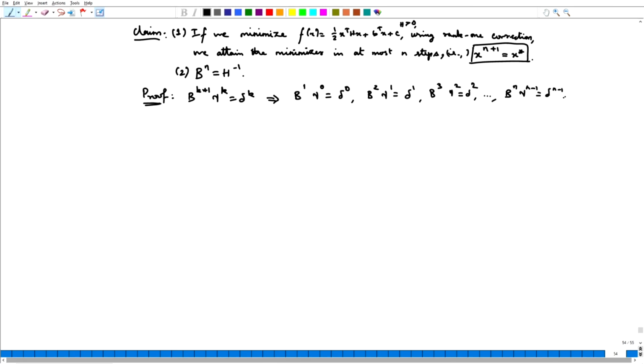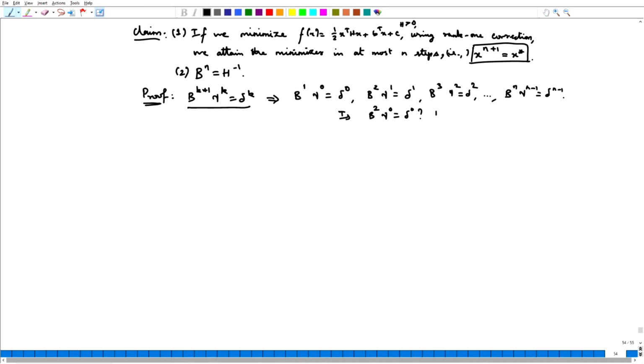So there are just n equations that we have if Bk plus 1 gamma k equal to delta k is given to us. I want to ask if the following holds. B 1 gamma 0 equal to delta 0 is fine. So, is B 2 gamma 0 equal to delta 0, is this true? We do not know, we will have to check.